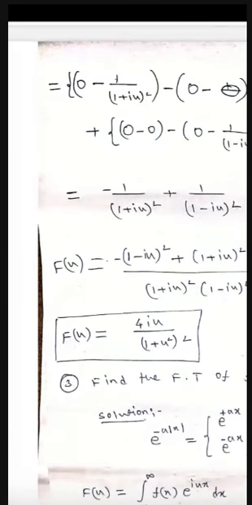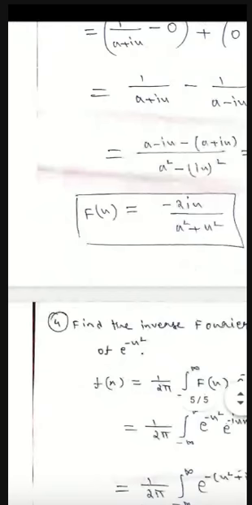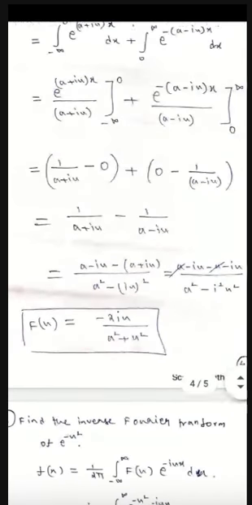If you write 4iu by (1 plus u square) whole square, it is useful whenever you apply the inverse transform. Otherwise, you can keep it. So go to the next problem.